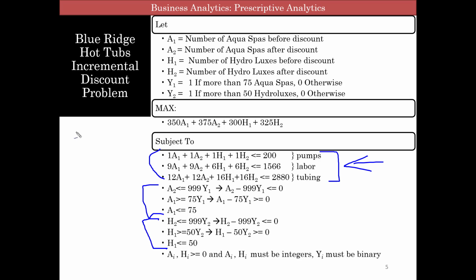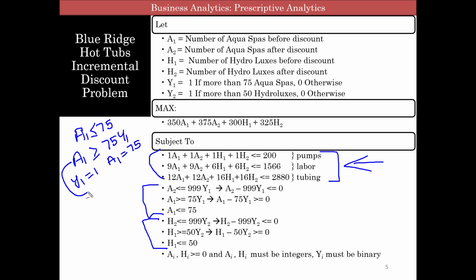The first constraint is that A1 is less than or equal to 75. Of course, you know that A1 is up to 75, right? And now we are going to play with this Y1. So A1 is greater than or equal to 75 Y1. Because when Y1 is 1, you want A1 to be equal to 75, right?